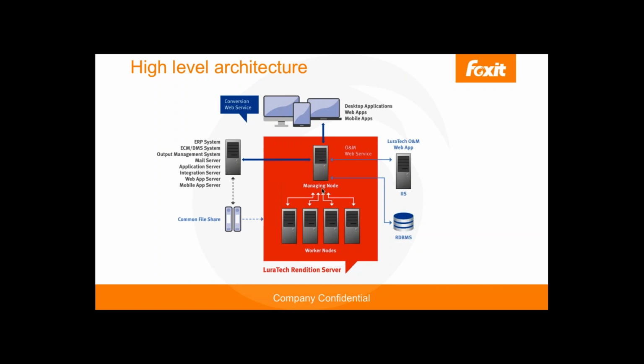It will then be distributed to the worker nodes who actually do the conversion. Gert showed us a variety of examples: the conversion from an Office file to PDF/A, conversion from an email to PDF, conversion from a scanned image to a text searchable, highly compressed PDF, whatever it is. This is done on the worker nodes.